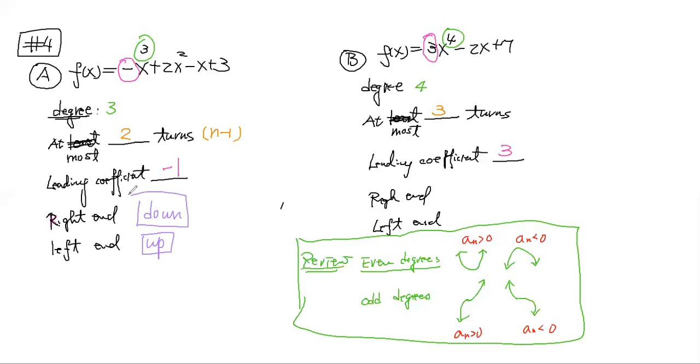And for part B's polynomial, it is even degree and the leading coefficient is 3, so it's positive. That means both ends are going to go up. The right end goes up, the left end goes up.